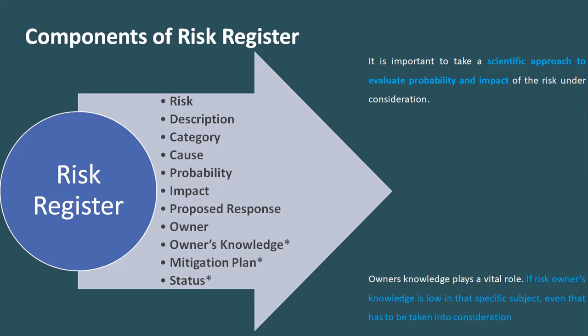Or what is the impact of a flood on the project? What is the probability of a flood is government data that is readily available. But what is the impact of the flood on this project? If my knowledge is low in this subject, then the degree of the owner's knowledge should be taken into the risk mitigation plan.